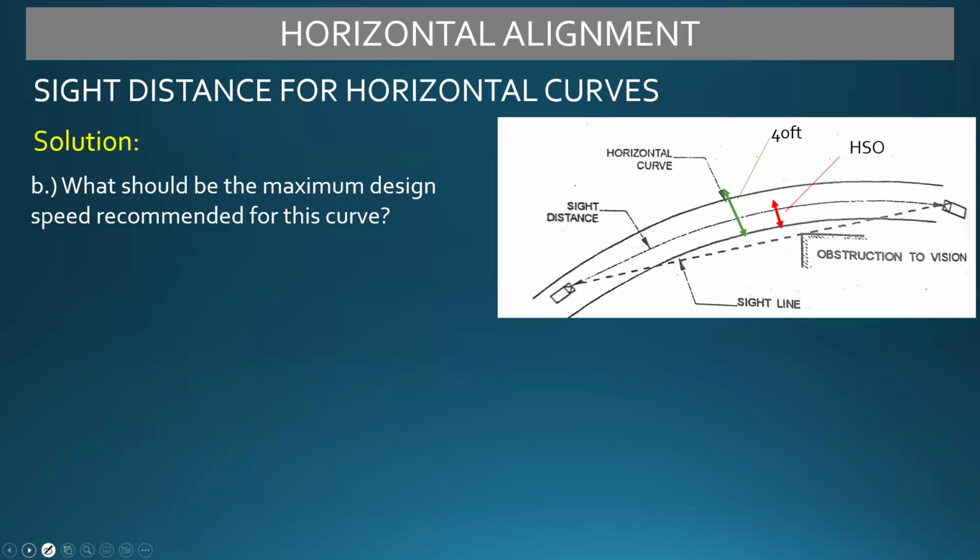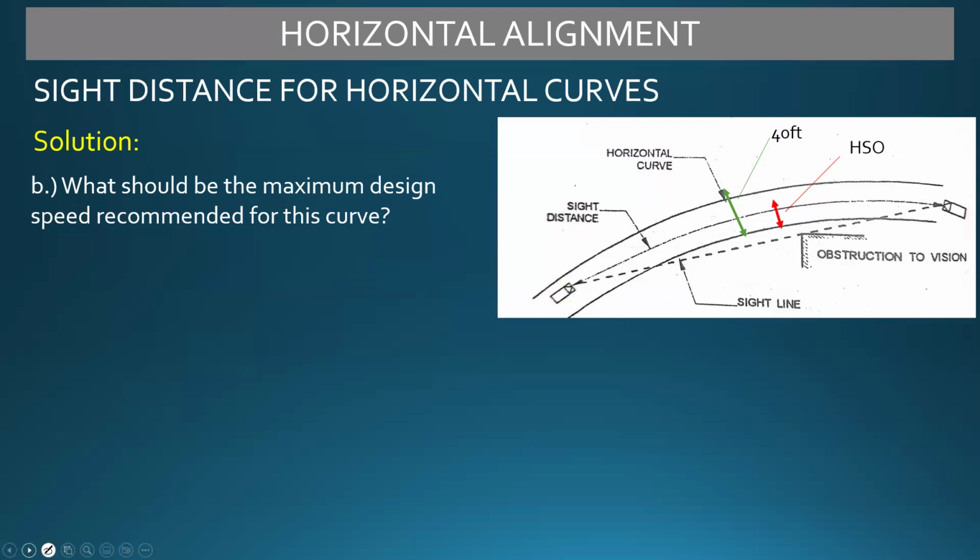Since it's talking about sight distance, we will use the formulas we've discussed in our sight distance topic. It is the same formula for passing sight distance, stopping sight distance, or decision sight distance. Here it is not passing, so the driver cannot overtake. It's just that he should have a clear distance so that whatever is in the middle, he can decide what to do right away.